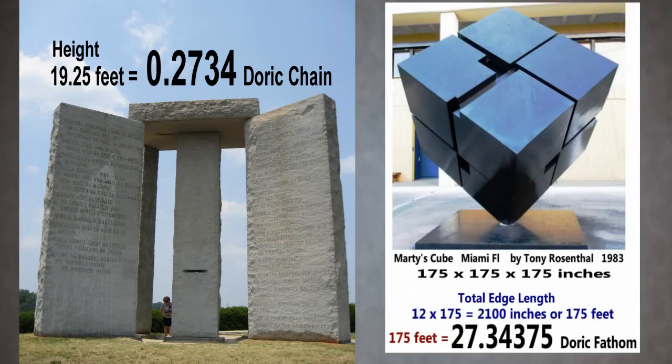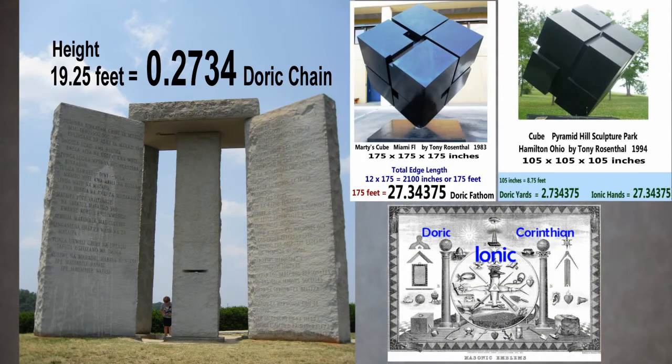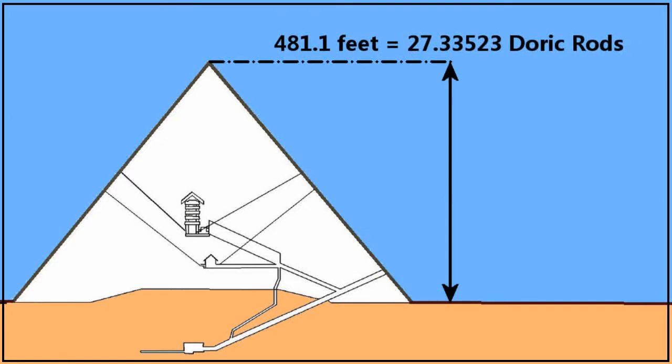So he has 2 formats, and both of those have this 2734, which is in Doric scale and in the Ionic scale, as can be seen in tracing boards. These are the 3 orders of ancient Greek architecture, and it's one of these constants that runs through all of these modern esoteric sculptures as well as having definite origins in the ancient world.